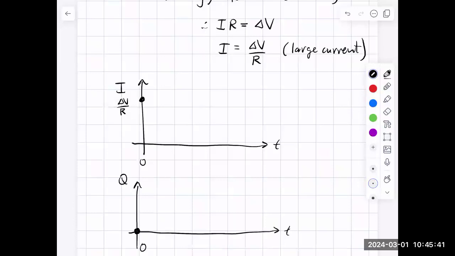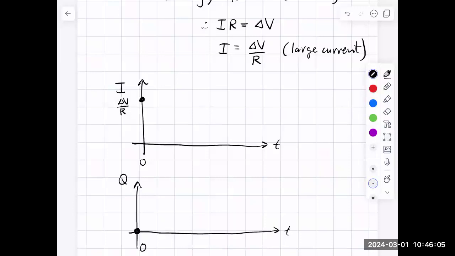Okay, so if we wait a short time later, now our capacitor has accumulated a little bit of charge. And if it has a little bit of charge, that means there's a voltage difference across it. If there's a voltage difference across the capacitor, then by the loop rule, the voltage across the resistor must have decreased a little bit.